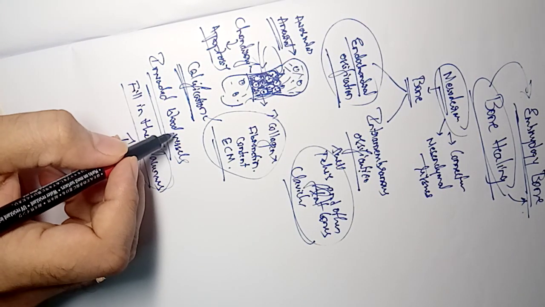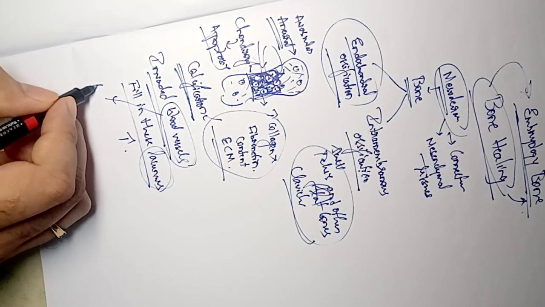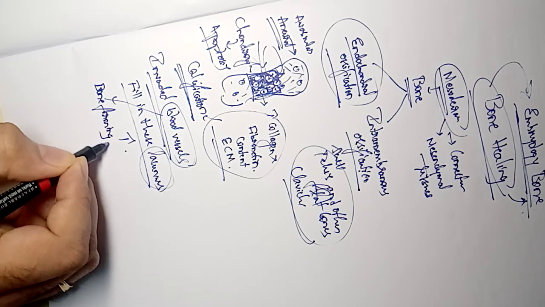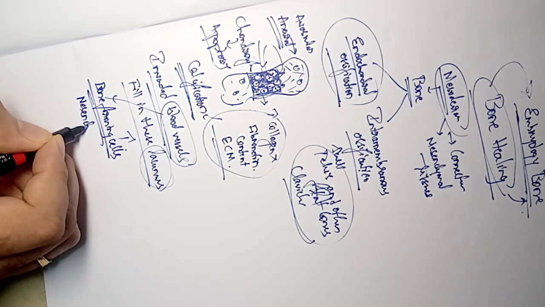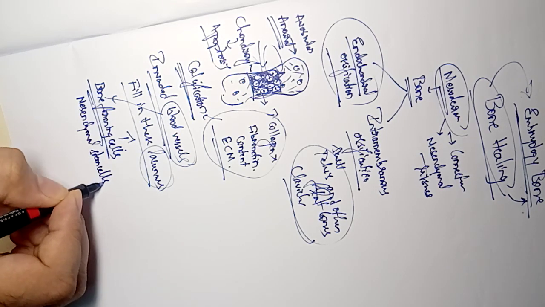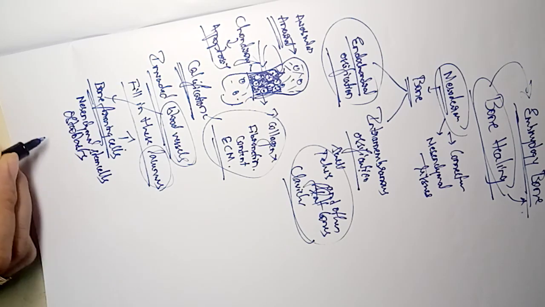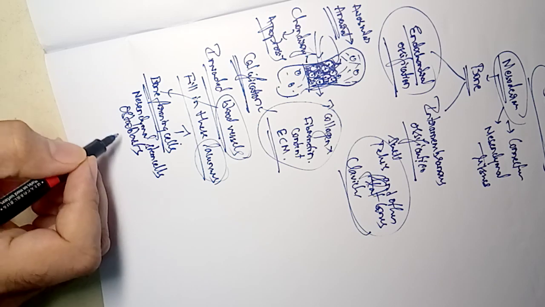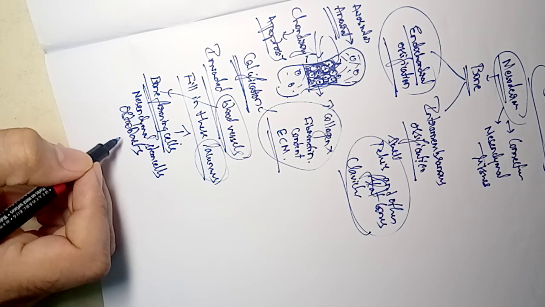And the blood vessel which is growing in will also bring bone forming cells, which are mesenchymal stem cells, osteoblasts, and other osteocytes and other monocyte macrophage lineage cells and other hematopoietic cells.